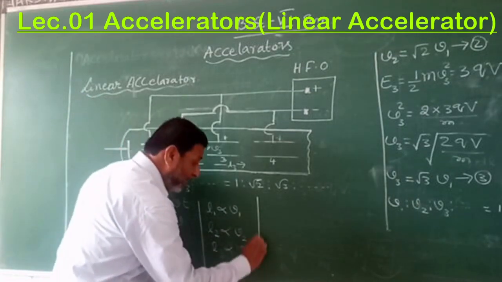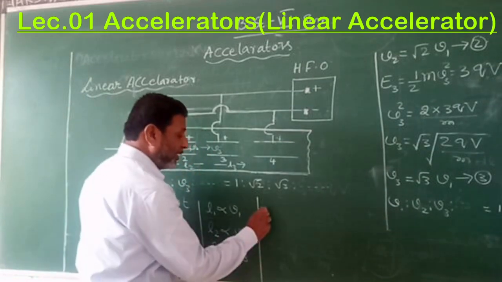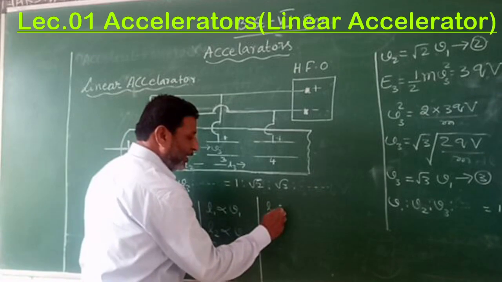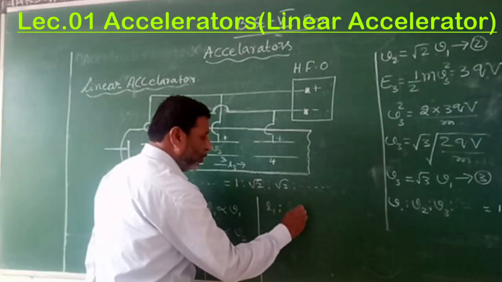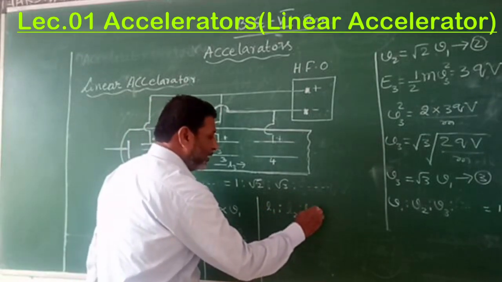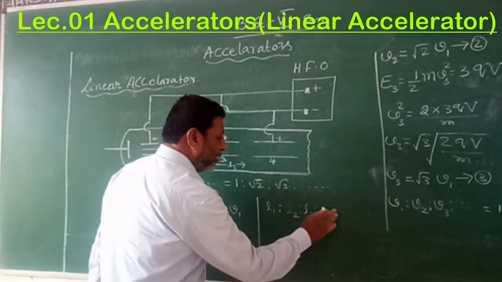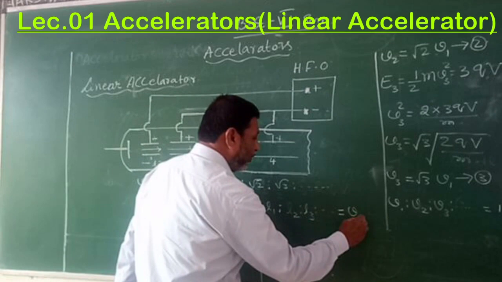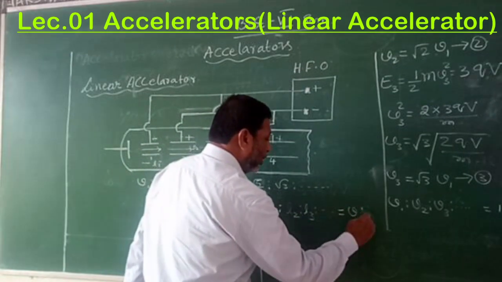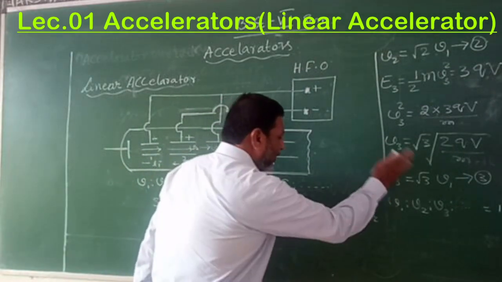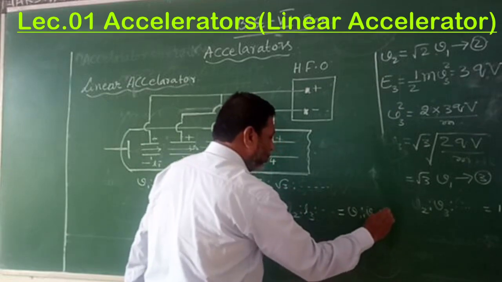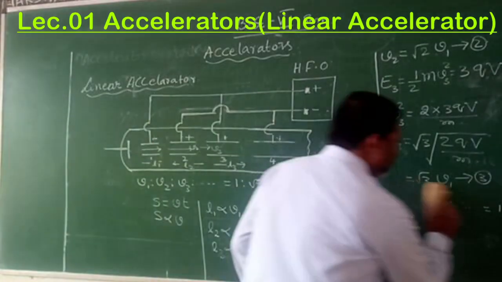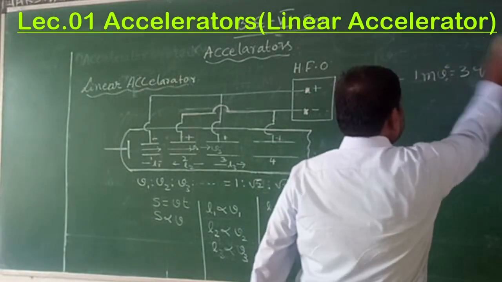Now mathematically you can write L1 is to L2 is to L3 and so on is equal to V1 is to V2 is to V3 and so on. This is the relation.